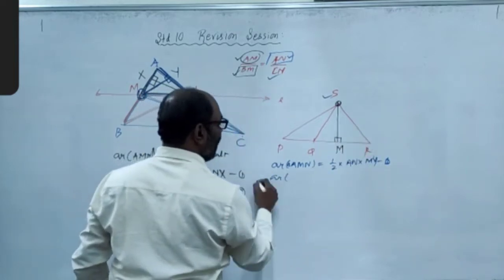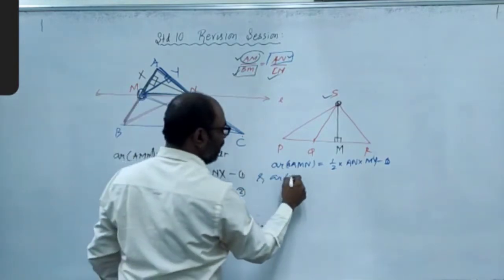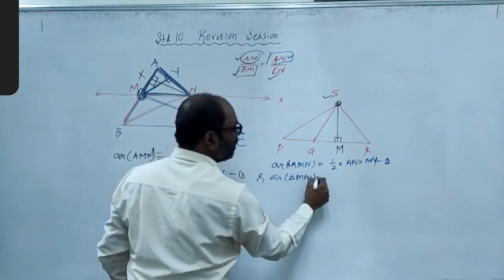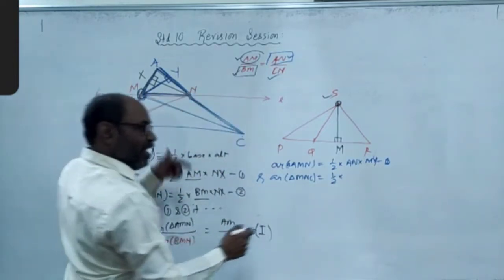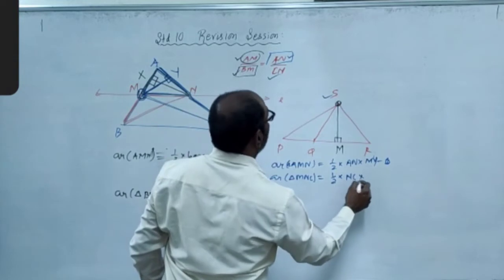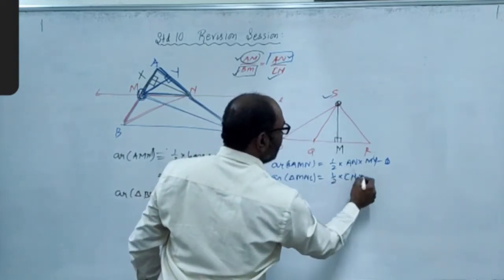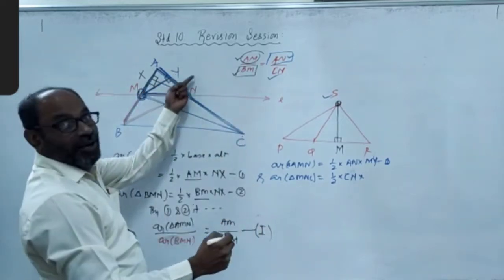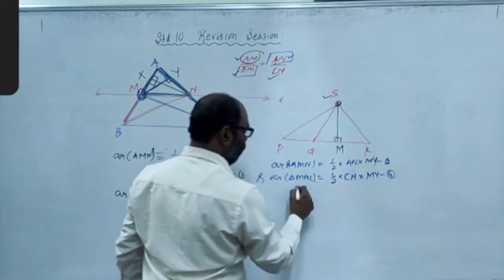Now area of triangle, which triangle? MNC. Area of triangle MNC is half into, which will be its base? CN, because above it is CN. CN into its altitude, also MY. And let's call this result number 4.